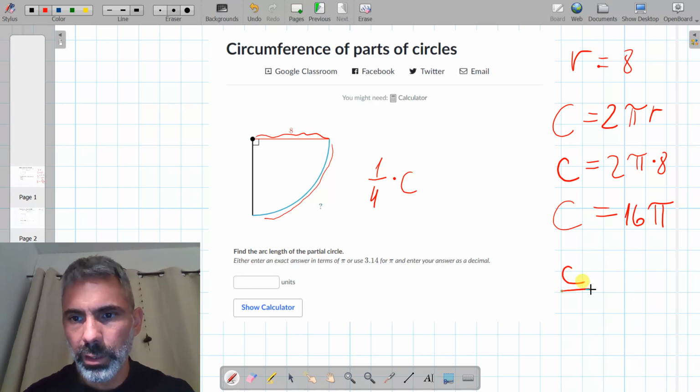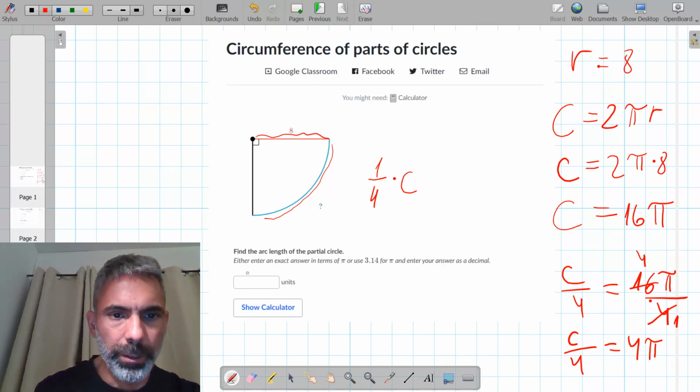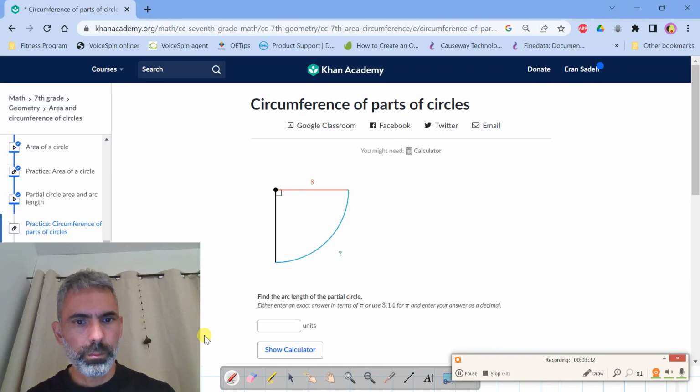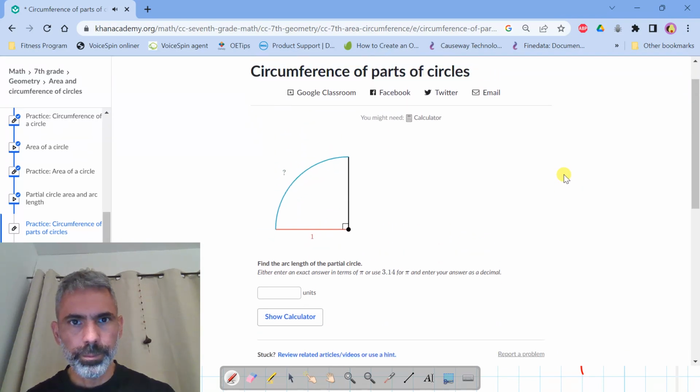So C divided by 4 is 16 pi divided by 4. 16 divided by 4 is 4, so 1/4 of the circumference is 4 pi. Good.